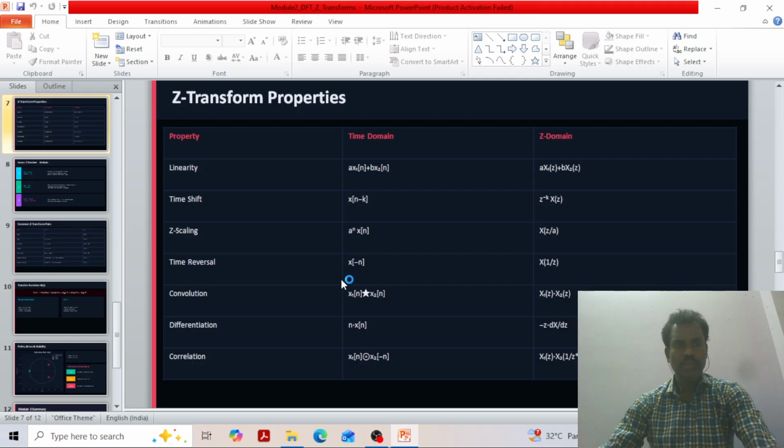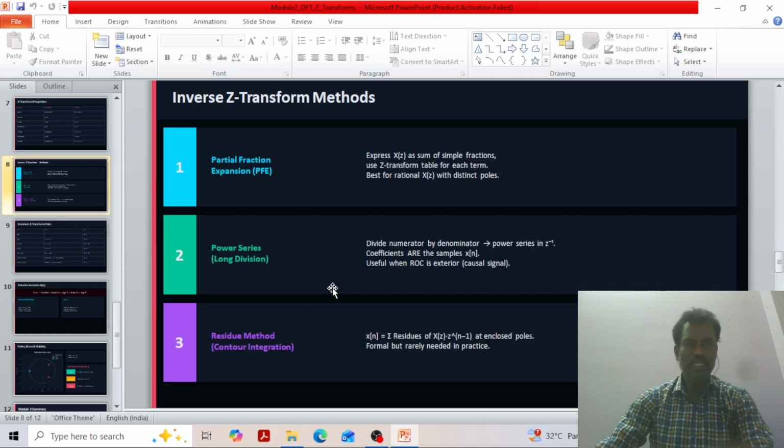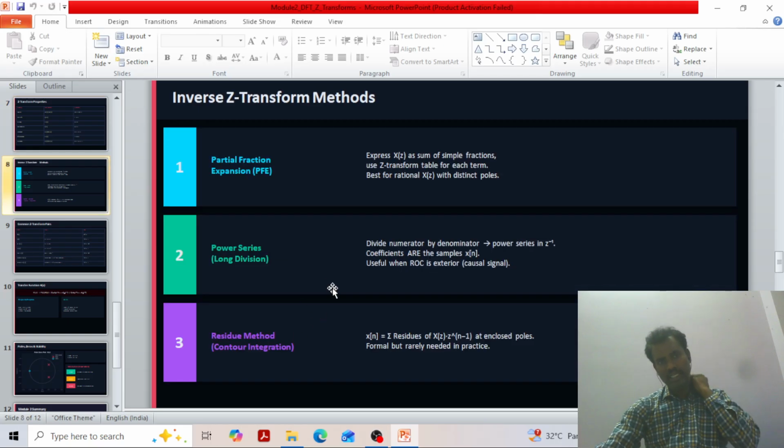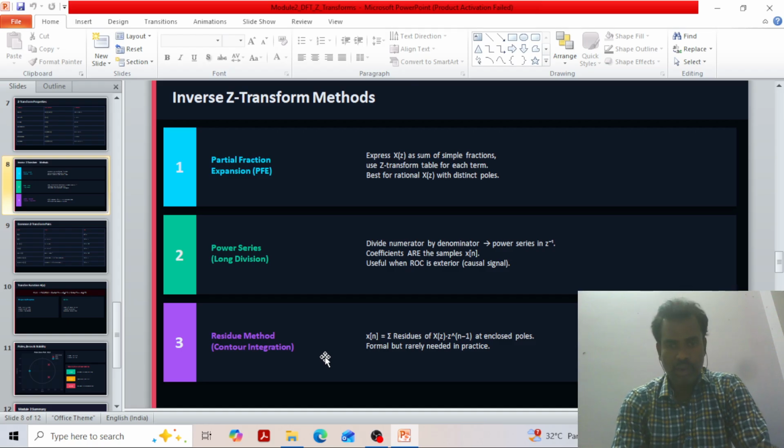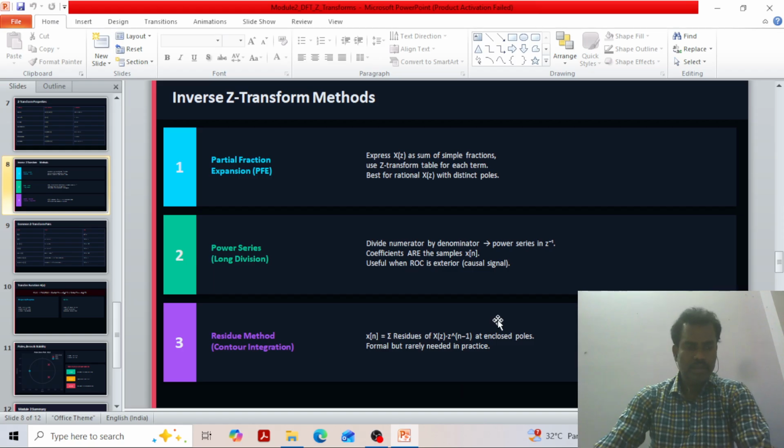The first method is partial fraction expansion. The second is long division or the power series method. The third, as we discussed, is the integration method, done by finding the residues of X of z into z power n minus 1.